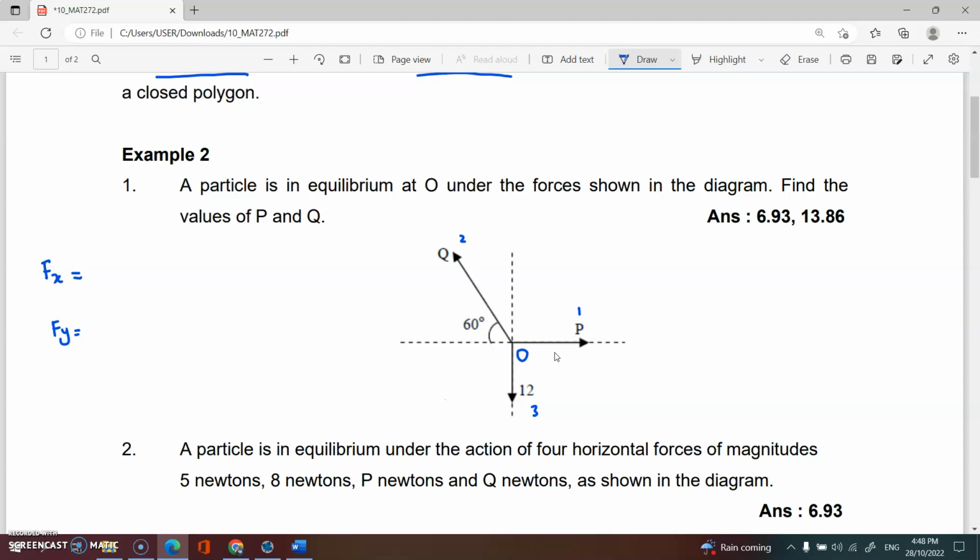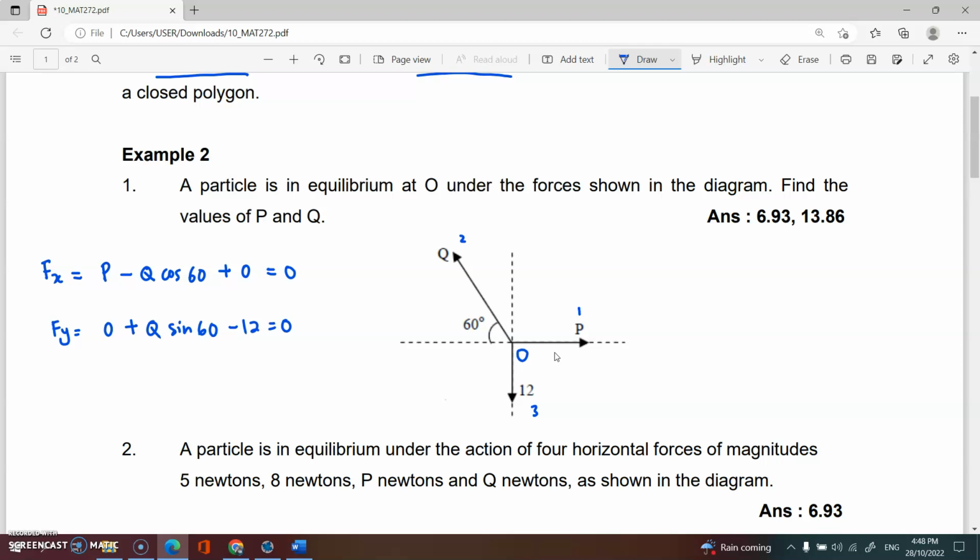The x component for this vector P is P, and then the second one is Q cos 60, and then the third one is 0. Because it is in equilibrium, the x component should be equal to 0. And then for Fy, 0 plus Q sine 60 minus 12 is equal to 0.